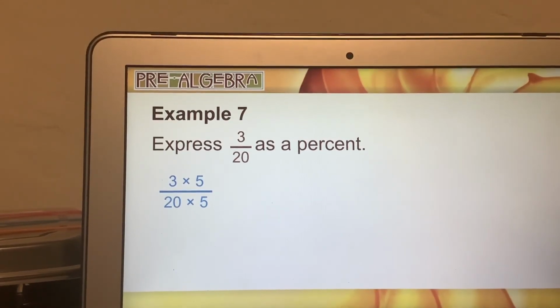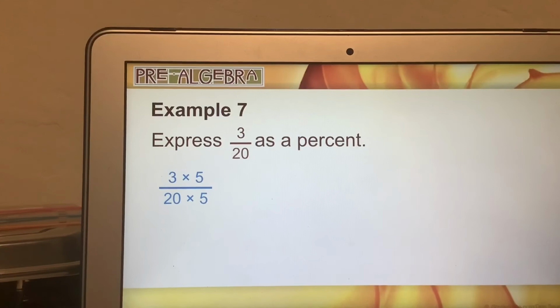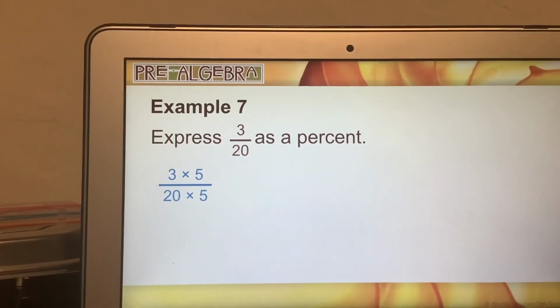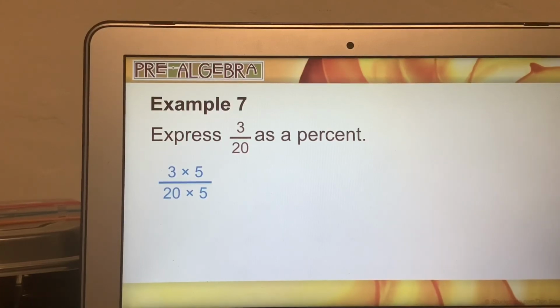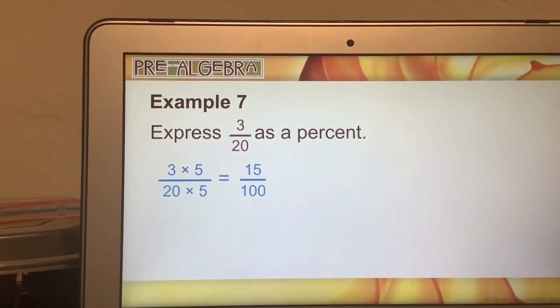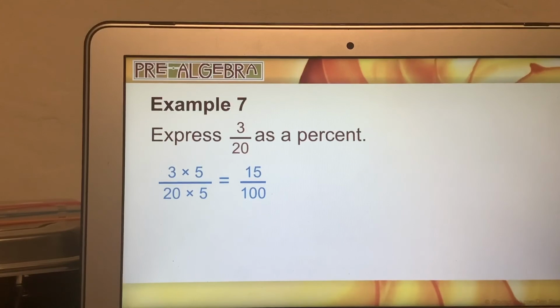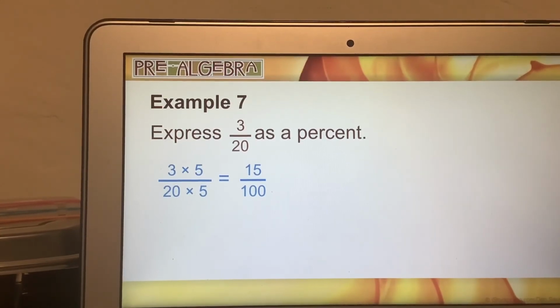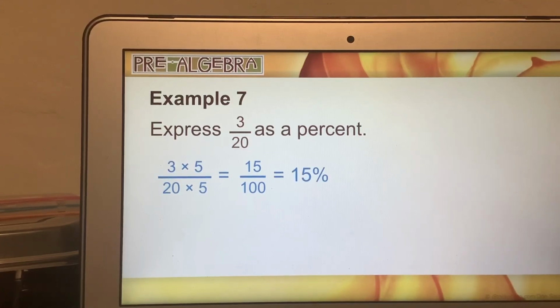So I'm going to multiply the top and the bottom by the same number. So 3 times 5, and then 20 times 5. And then that's going to give me 15 over 100. Remember, any percent is the number over 100. So now 15 over 100 is the same as 15%.